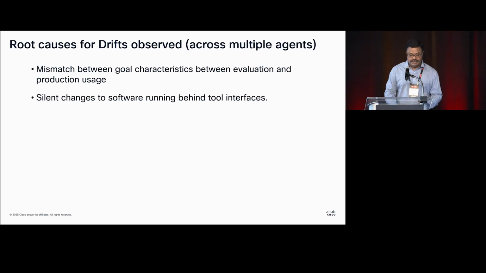The next thing is more interesting: silent changes to software running behind tool interfaces. We are using a tool, an MCP kind of interface, that is front-ending some other application, system, or database. Now, there are changes happening in that system which you are not aware of, unless your development teams have very good communication with each other.